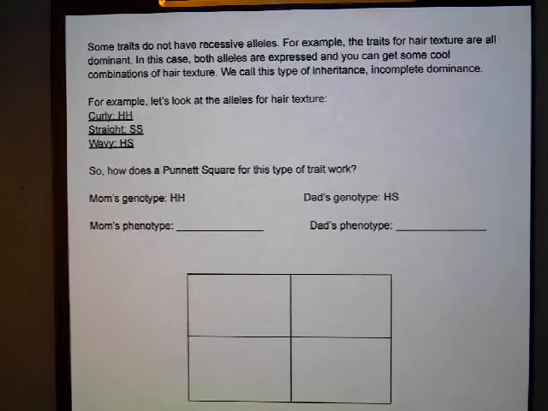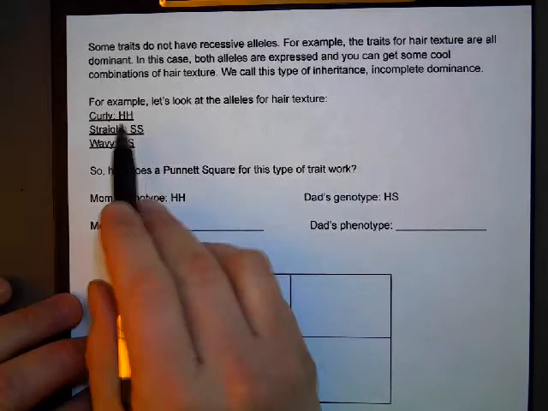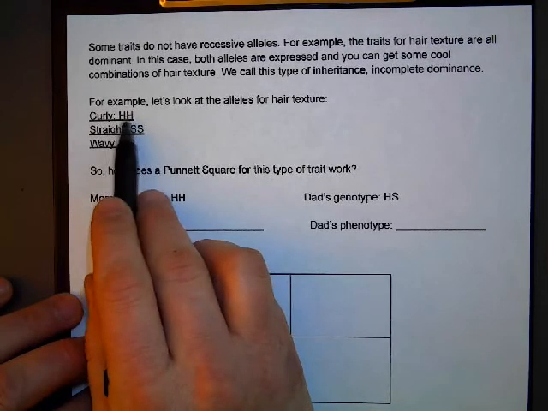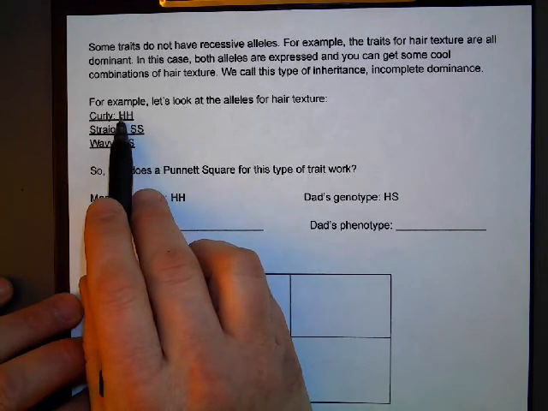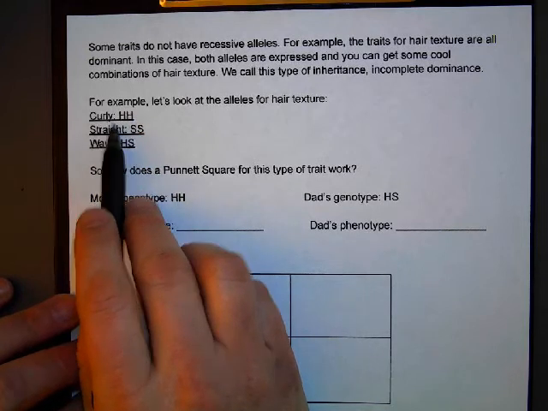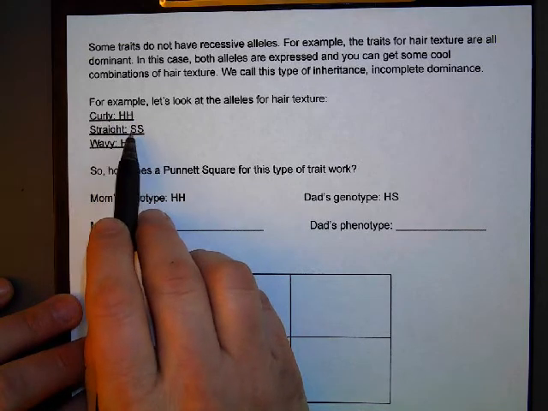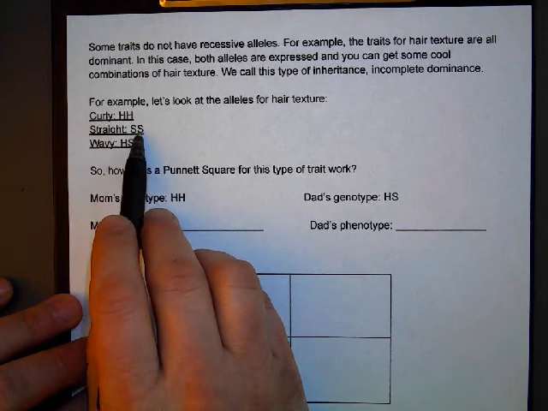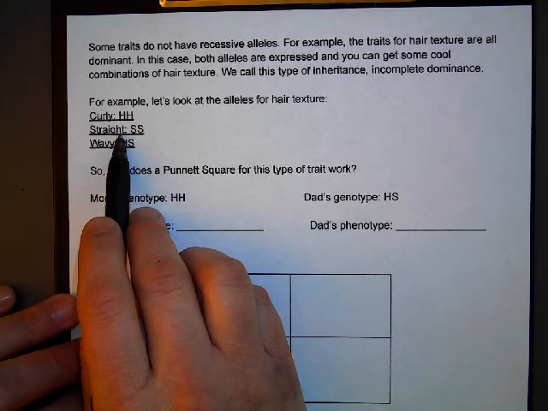So, for example, let's look at the alleles for hair texture. If somebody has a capital H, an allele for curly hair, this gives them curly hair. And somebody with straight hair will have a capital S. Both being dominant, they both get expressed, and the person has straight hair.